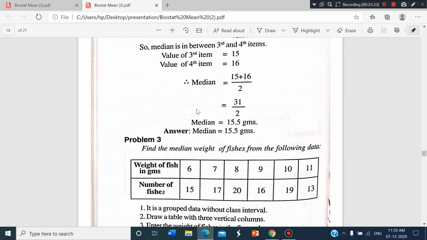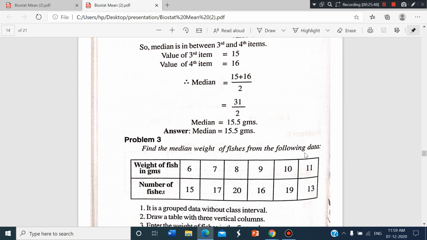Now, if you have understood, let me move forward. Now we will find the median for grouped data without class intervals.